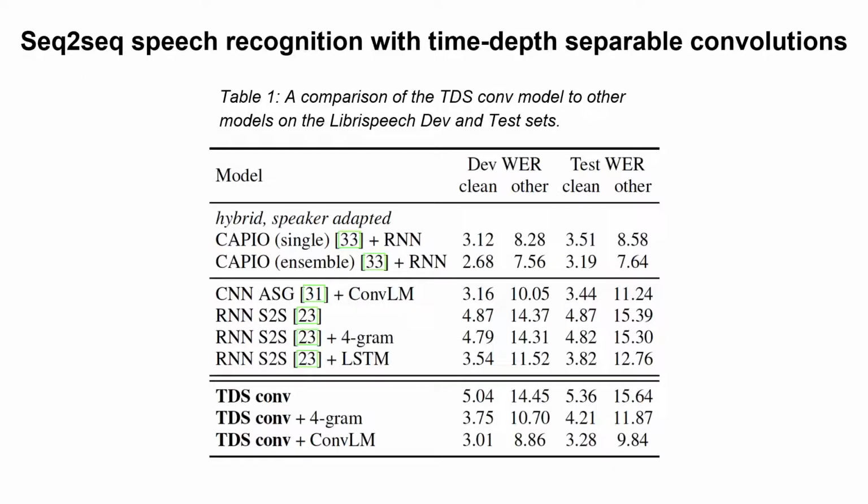So this was the experimental setup, and then from the results point of view, what they have done is they compared with only the TDS simple convolution, and then added the language model, which is the fourgram language model or convolutional language model, and the results are definitely very effective compared to other previous approaches.